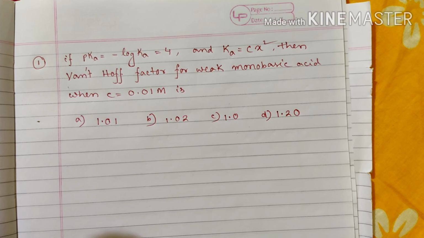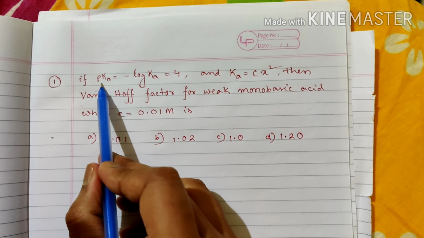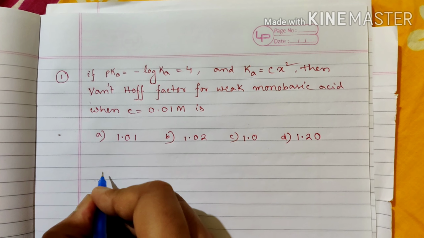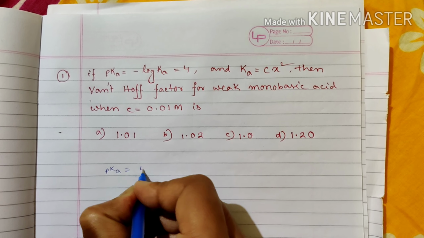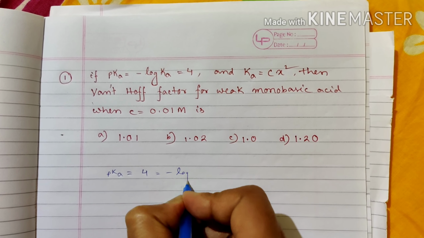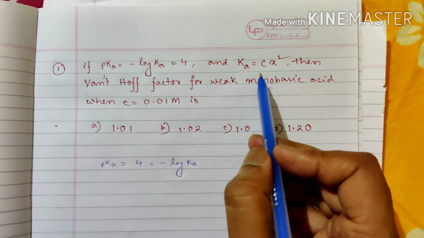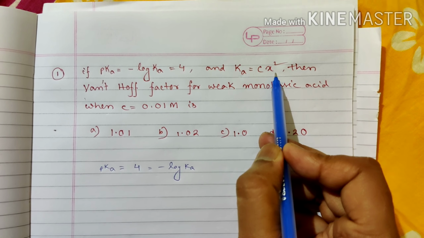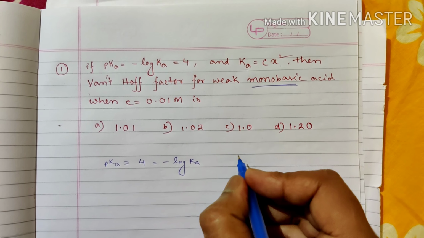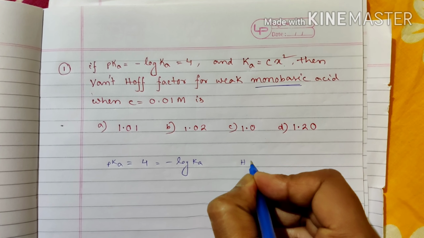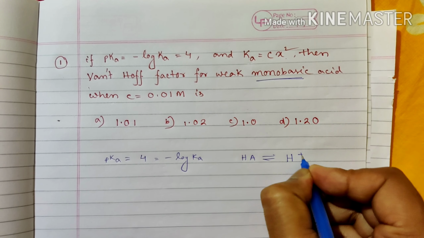Now while solving it, let us see what things are already given in the question. The pKa value is 4, which is minus log of Ka. At the same time, Ka is equal to Cx square, and it is said to be a monobasic acid. Monobasic means, suppose I have taken an acid HA, which dissociates into H plus and A minus.